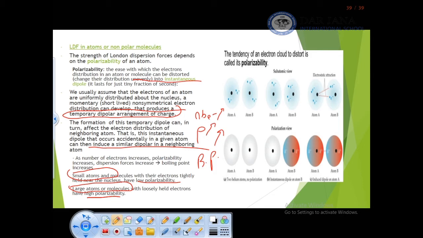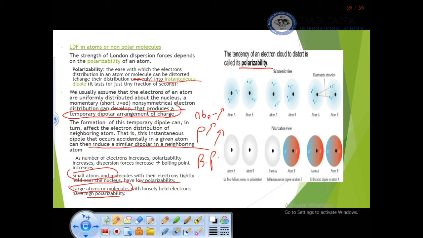Look at the picture. The tendency of an electron cloud to distort is called polarizability. We have atom A and atom B in each case, and we have the polarization view. As you can see, we can know the difference between each one.